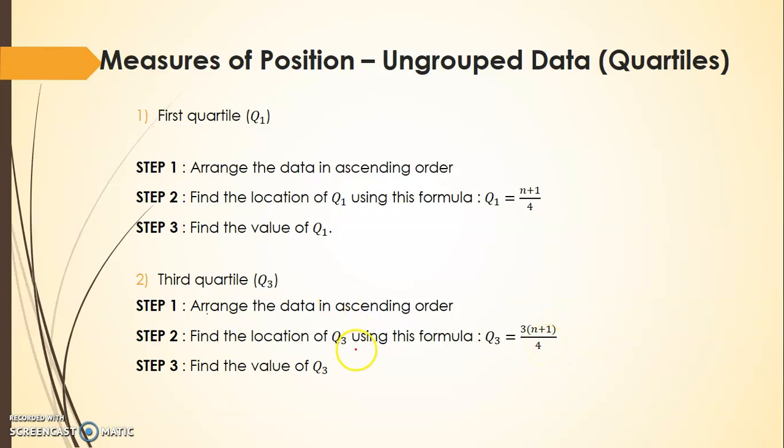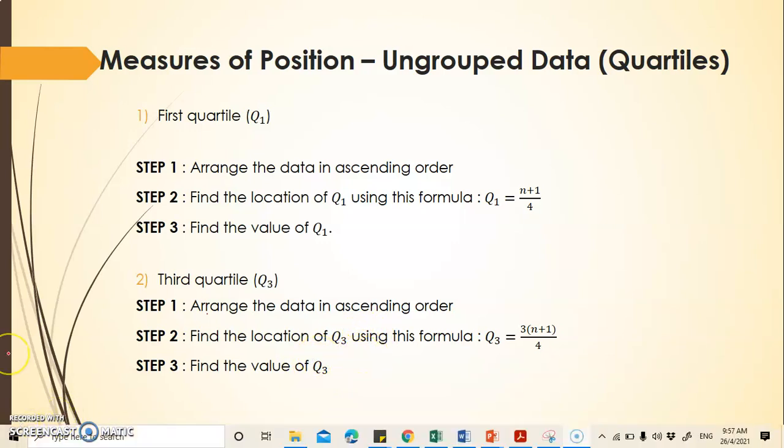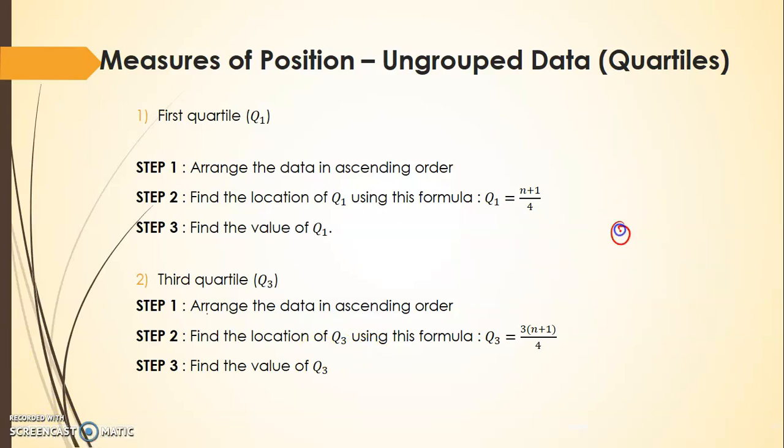And the last step, find the value of Q3 based on the location that you have identified in step number 2. Please note that for the second quartile, the Q2 value, we are not going to discuss today since we have discussed this in our previous class. Q2 is just the same as the value of the median.